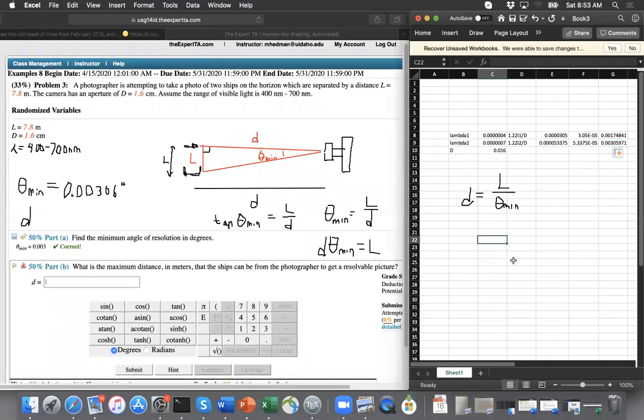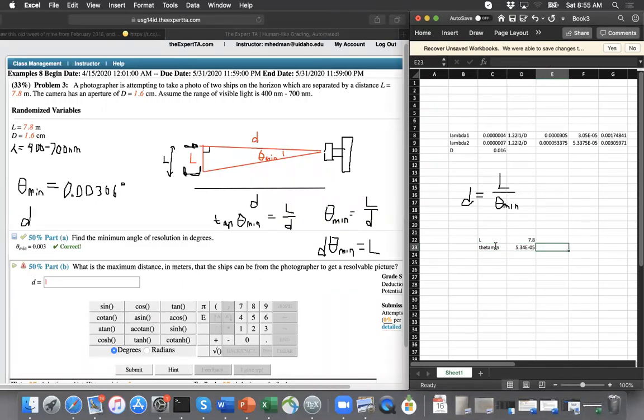So we know L is 7.8 meters. It's already in the right unit, so we're happy there. And theta min, I'm really tempted to put in 0.00306, but for this relationship, we need it in radians. So it's 5.3375 e to the minus 5. That's what theta is.